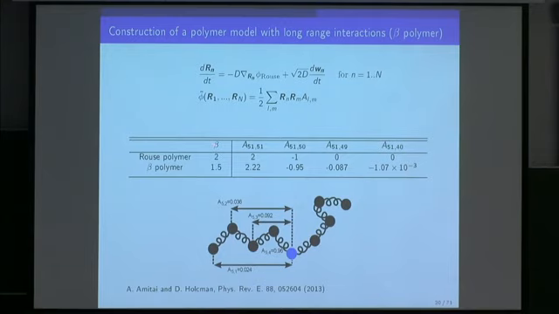When beta is equal to 2, this is just a Rouse polymer, with just nearest neighbor interactions. So the self-interaction coefficient equals 2, the one with the neighbor is -1, and the rest are zeros. But when beta is equal to 1.5, you have those additional interactions, which decay only slowly. And we can tune the rate at which the interaction values decay, so beta goes between 2 and 1.